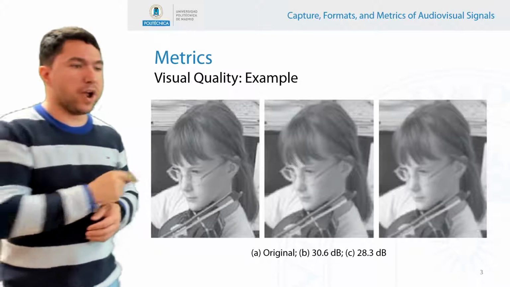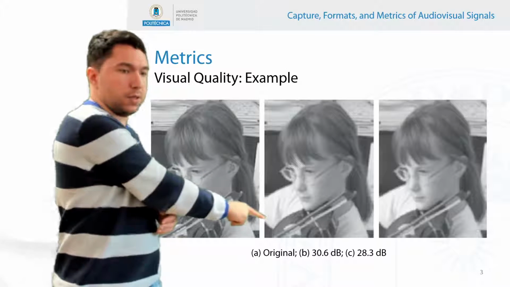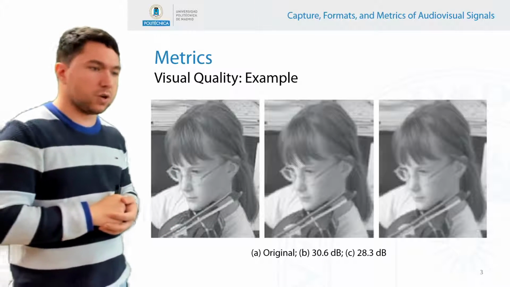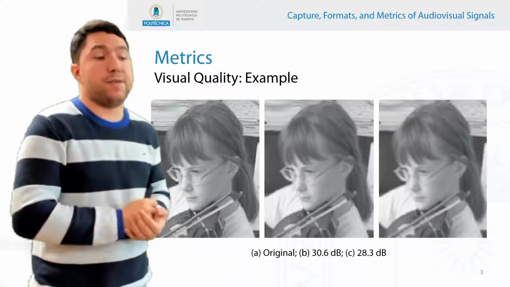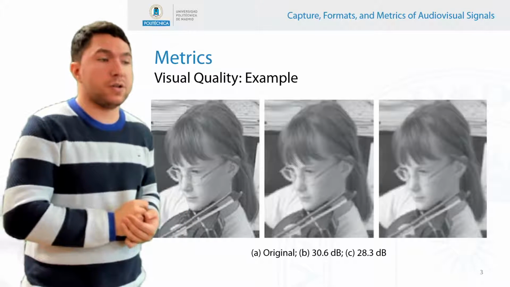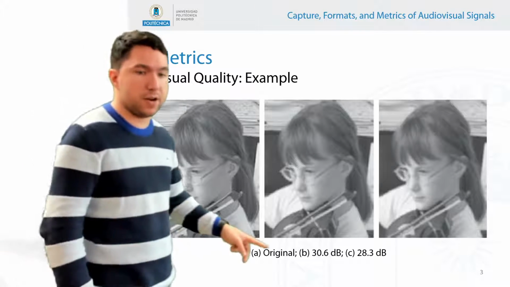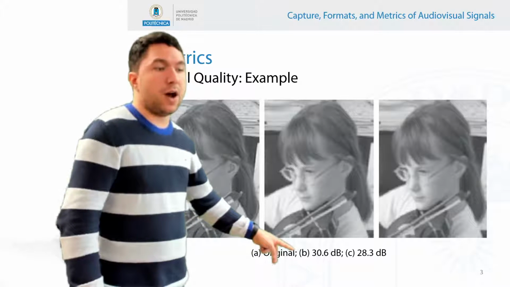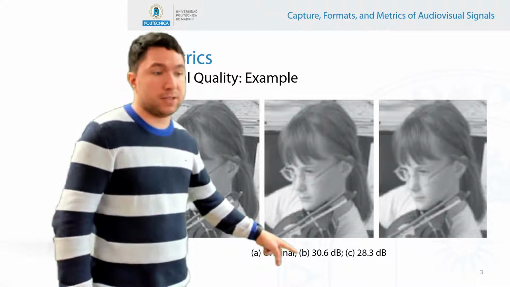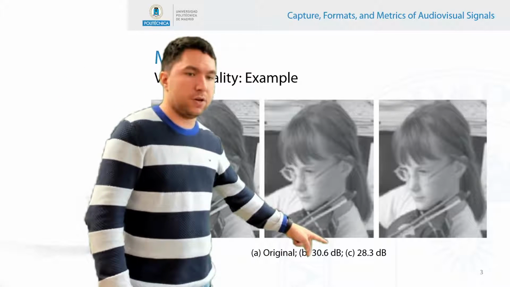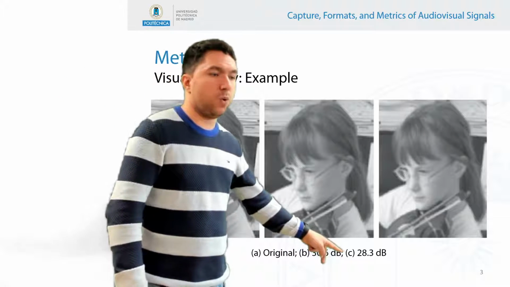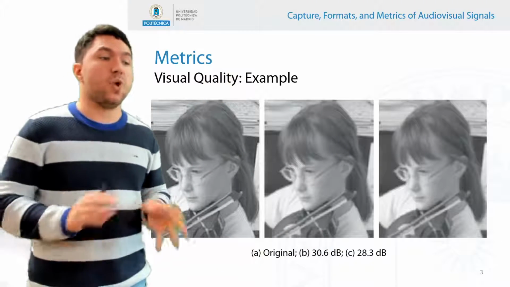Then we have this image, which is compressed and then decompressed, and the final PSNR measure we obtain is around 30 decibels. And then we have another version in which the final quality is around 28 decibels.